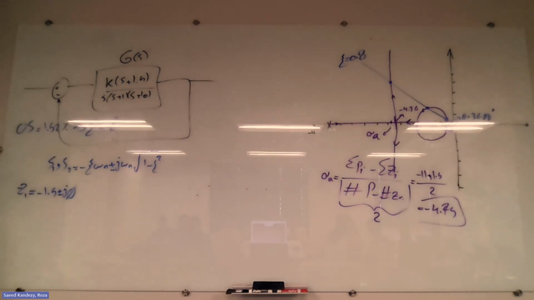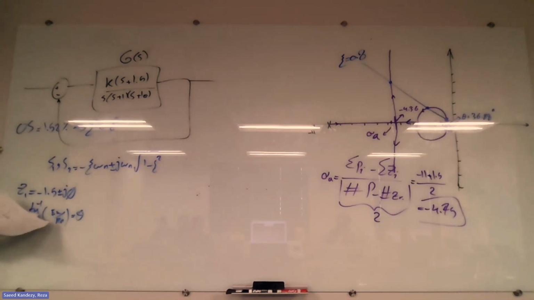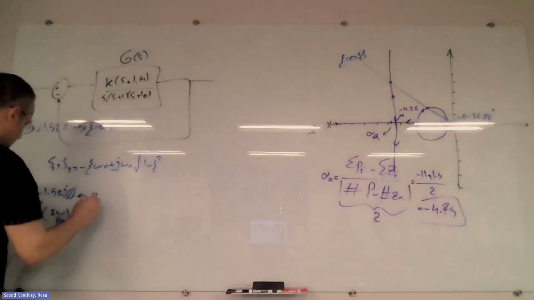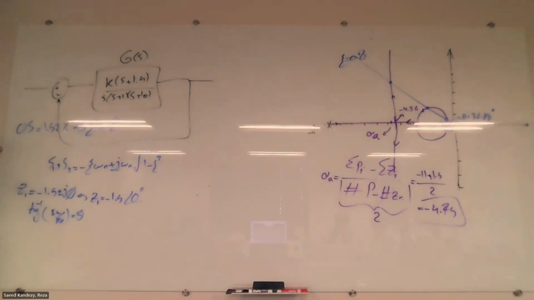What is the theta of that? Tangent inverse of the imaginary part over the real part is going to be the theta. The imaginary part is 0, and tangent inverse of 0 is 0. So this zero is going to be minus 1.5 with 0 degrees. Very good.